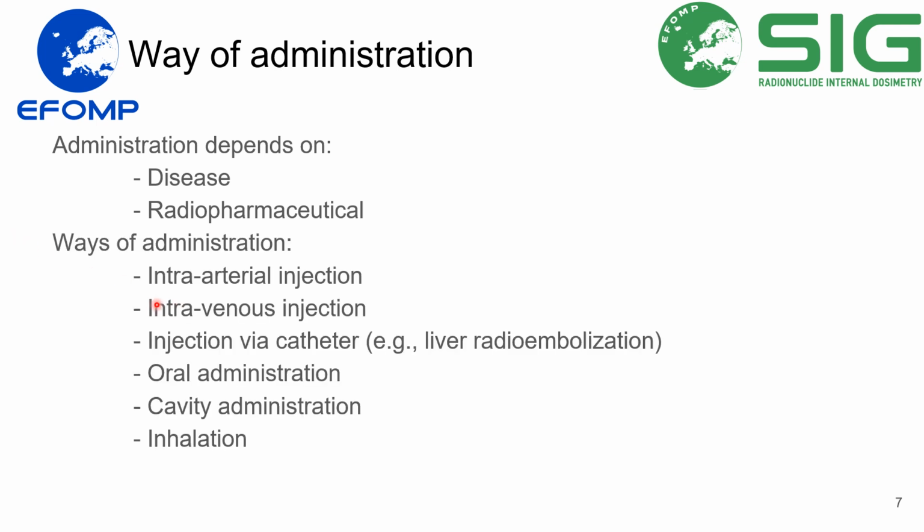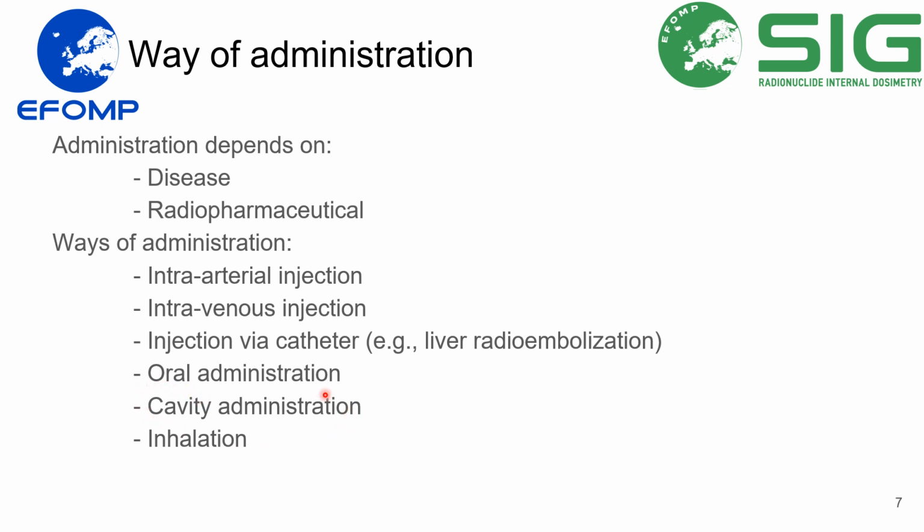We can have an intraarterial injection, and most commonly the intravenous injection. We can also inject via a catheter, for example for the liver radioembolization. That catheter needs to be placed in an angiography administration. We can also have an oral administration of a pill or a liquid.